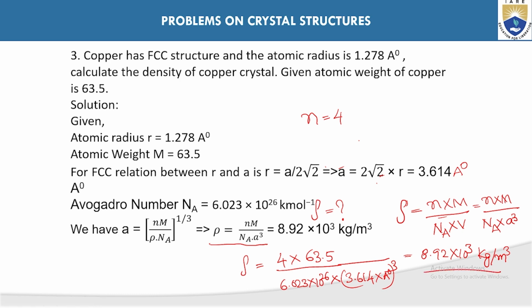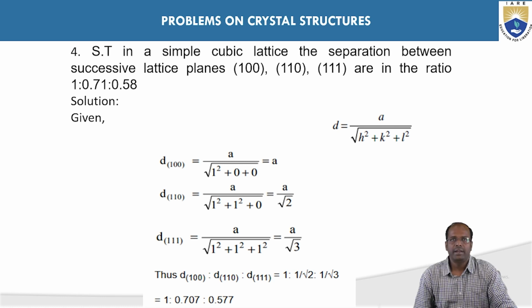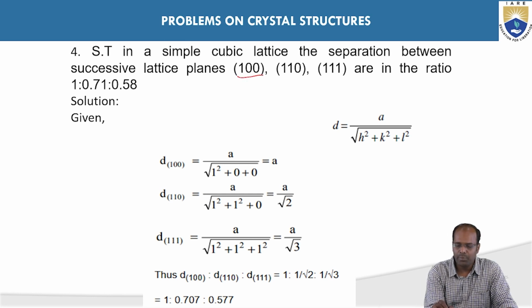That's all. Now, next problem we are going to solve. State that in a simple cubic lattice, the separation between successive lattice planes 100, 110 and 111 planes are in the ratio 1 is to 1 is to 1.